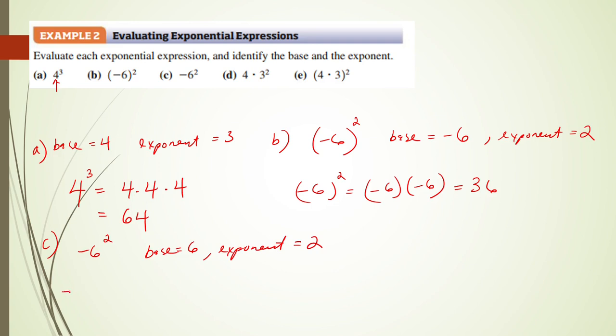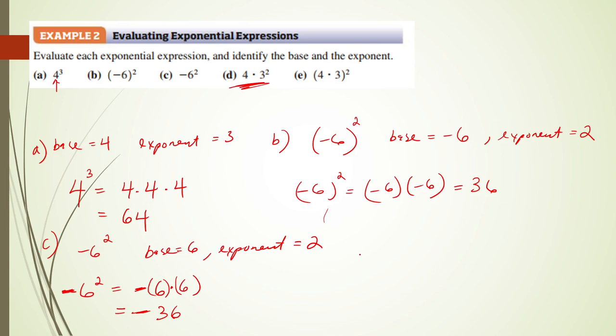So negative 6 squared is equivalent to negative 6 times 6. Notice I'm multiplying the base times the base. This negative is not affected by the 2 because there's no parentheses. Make sure you are aware of that. This simplifies to negative 36. So the difference between part B and part C is all about the parentheses, and it makes a huge difference.